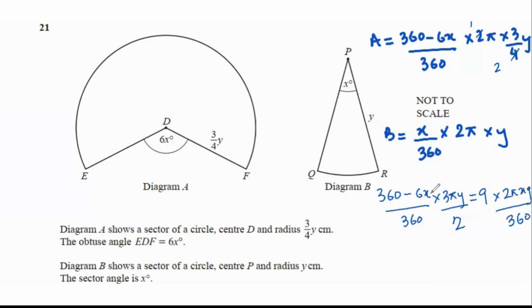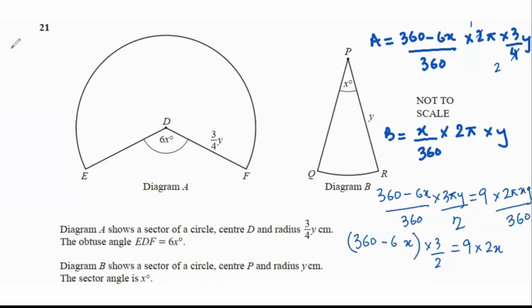And basically what we're going to be left with is 360 minus 6x times 3 over 2 equals 9 times 2x. Yeah, this is what we have right now.